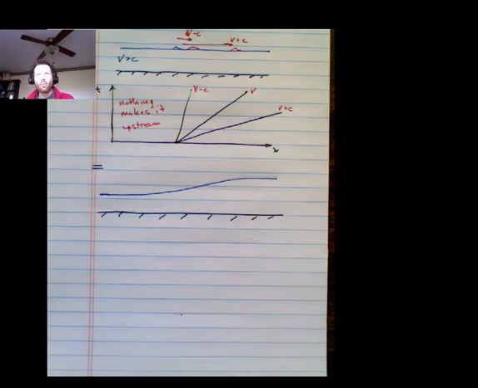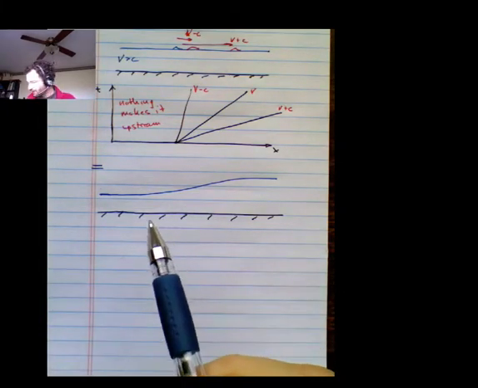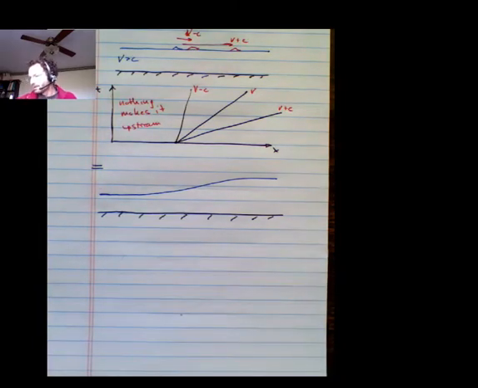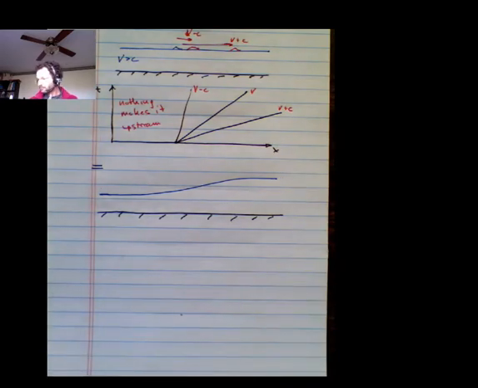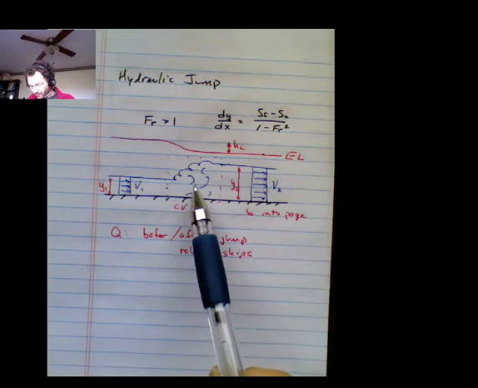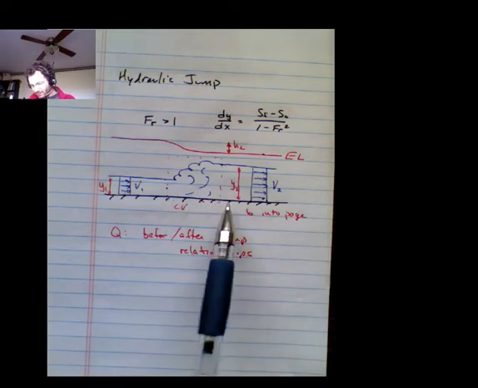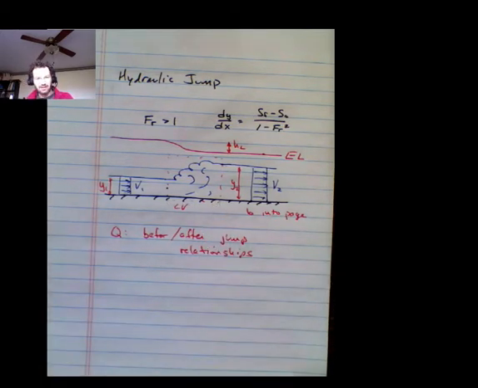So why do we expect this instead of what we had, or why don't we expect this instead of what we had last lecture? We had this sharp kind of compressed jump, all this happens over this. We didn't use this dimension in our control volume at all. Why isn't this like a kilometer long?